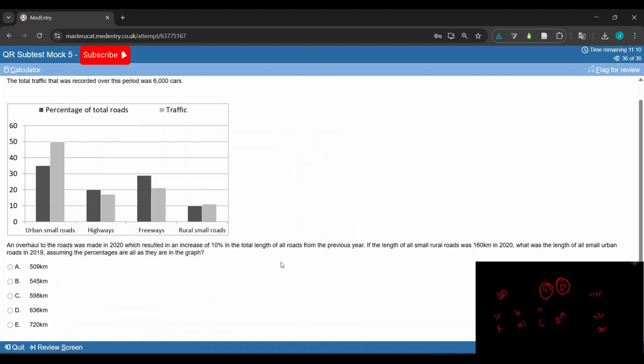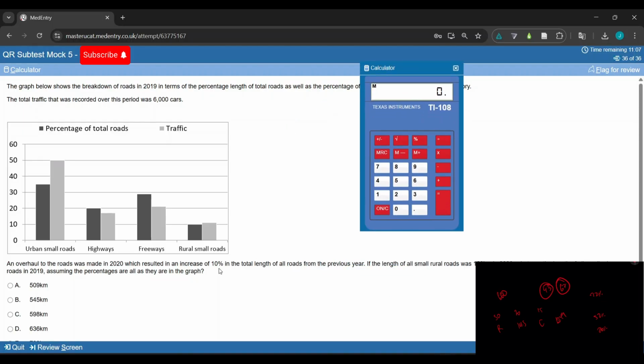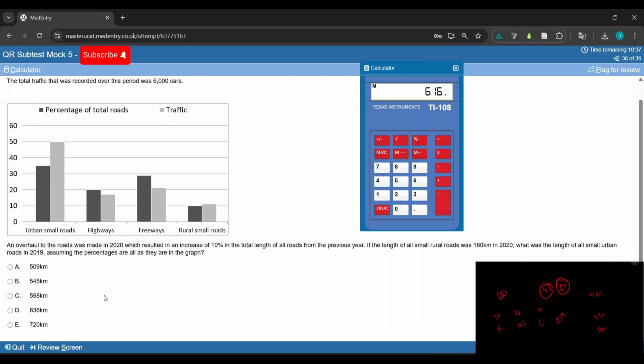1286 million. Overhauls made to roads which included an increase of 10% in the total length of all roads. It was 160 km in 2020. Graph. So 160, it's just going to be 160 times that by 10, and then times this by 0.1, and then times urban small road by 0.35.